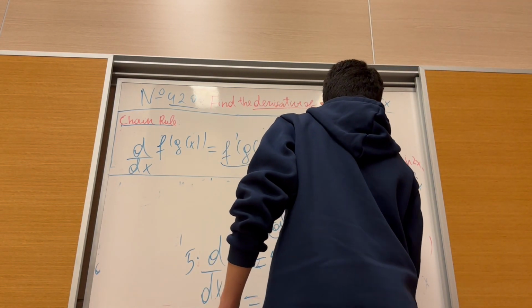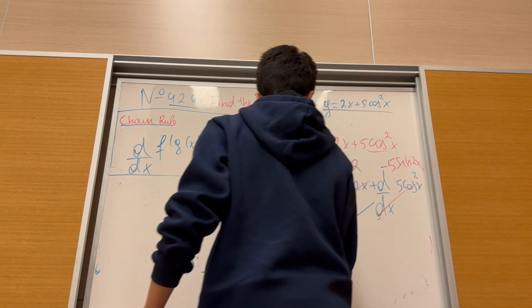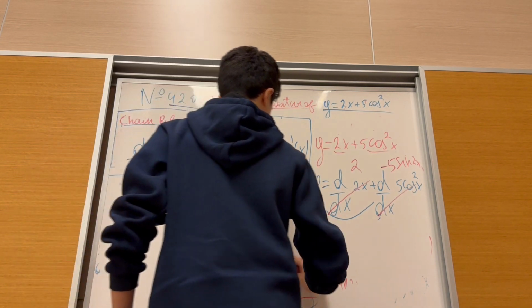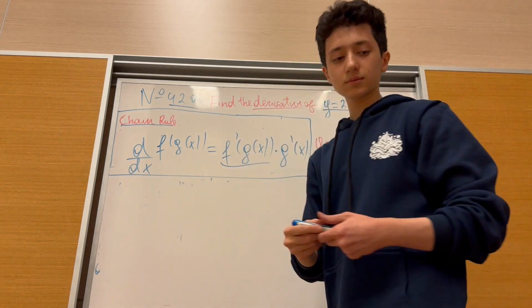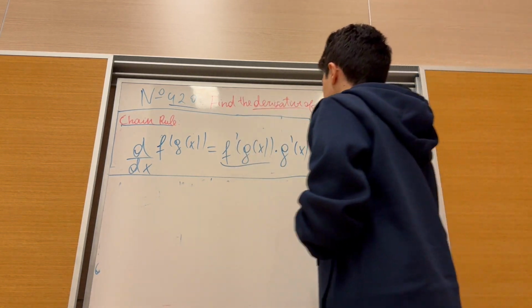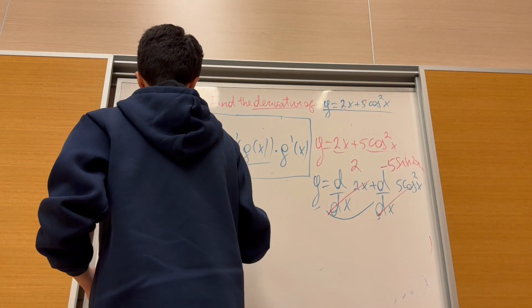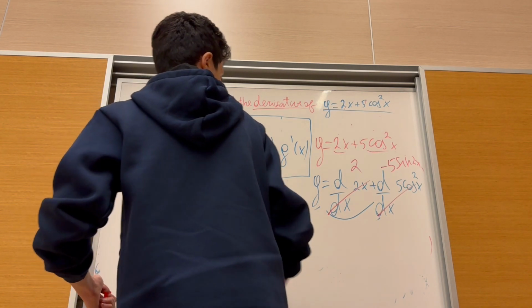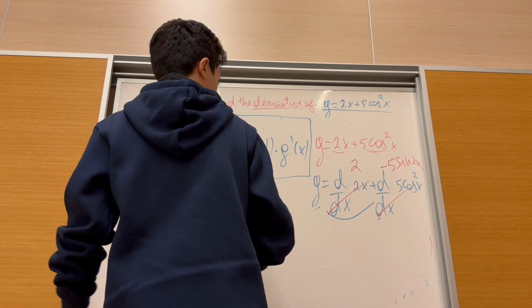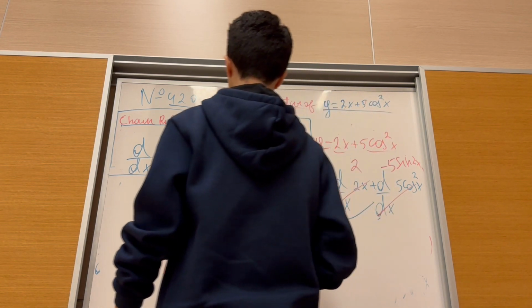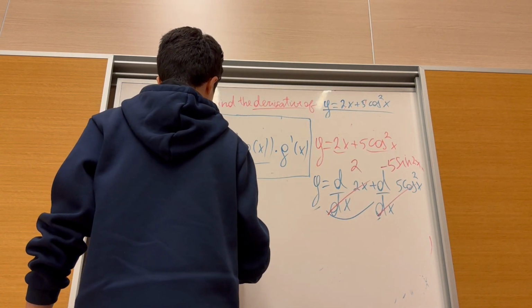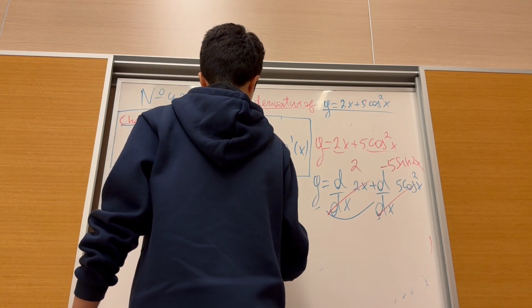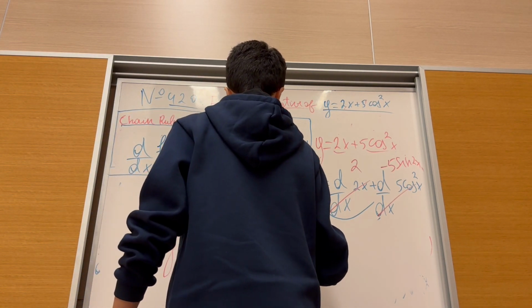Let's write our final result. The derivative of y with respect to x will be 2 minus 5 sine 2x.